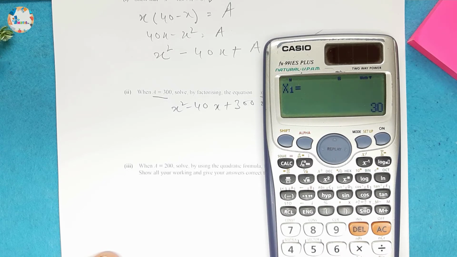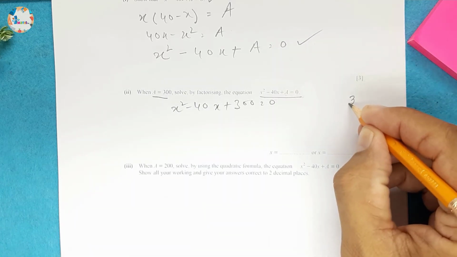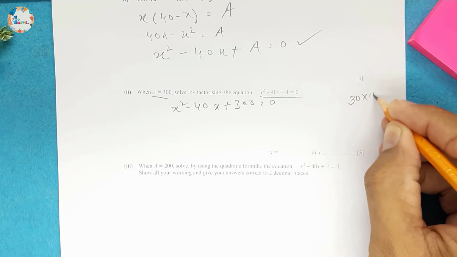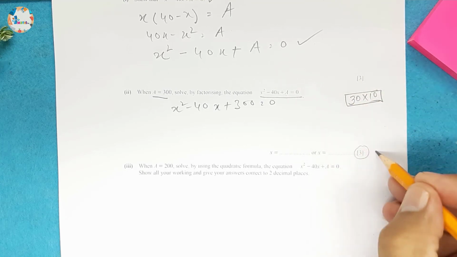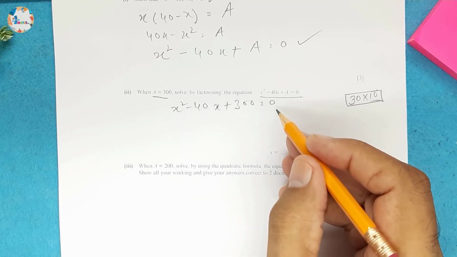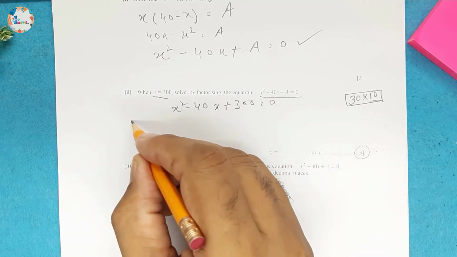So this is giving 30 and 10. So the factors we got are 30 and 10. Because we have to show working, this is a 3-mark question, so we will not be going for the direct answer. We will be writing steps for our working.